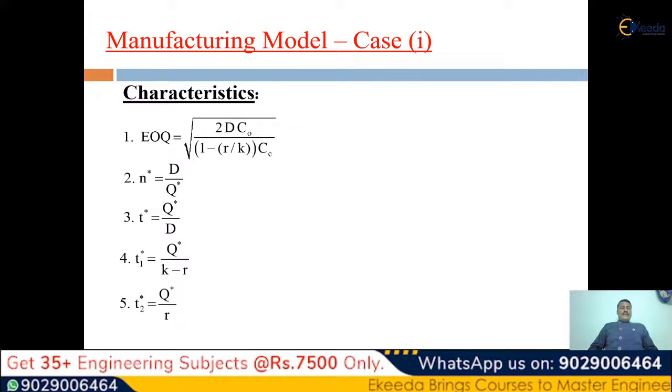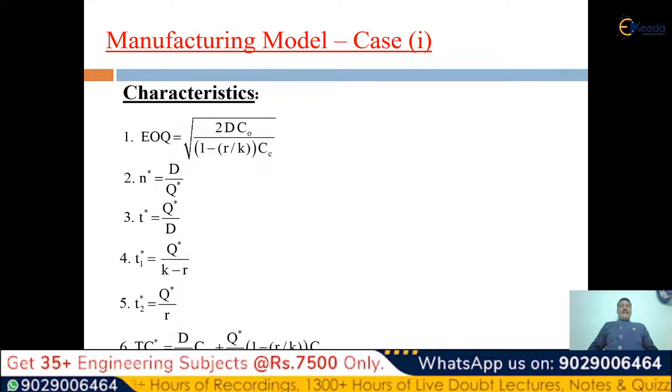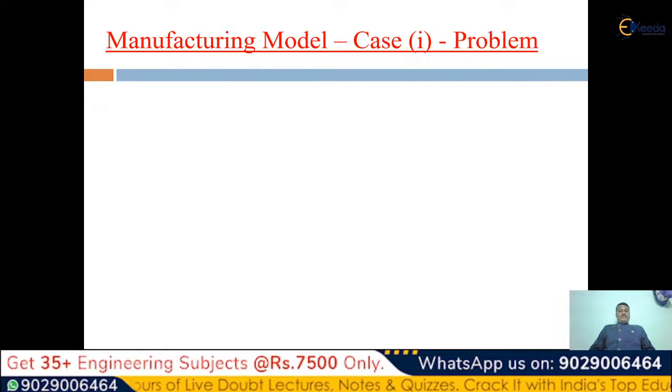Total number of units n equals D by Q. The time required is Q by D. The time required for a particular period T1 is Q by (K minus R), and for another period it is Q by R. Finally, the total cost for this manufacturing model is given as D by Q of CO plus Q by 2 of (1 minus R by K) into CC.